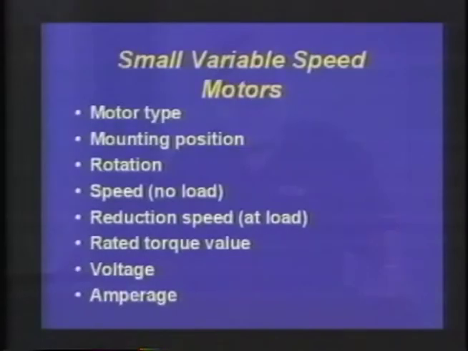Now, the last one we find in electrical shops, small variable speed motors. And in this case, we have 8 characteristics. I'll also indicate here there could be more than one method to identify high to low order.